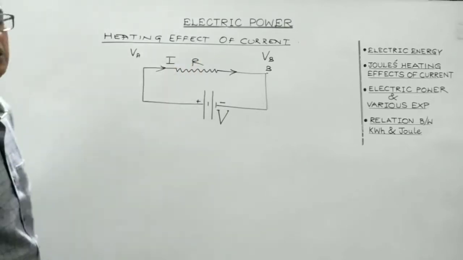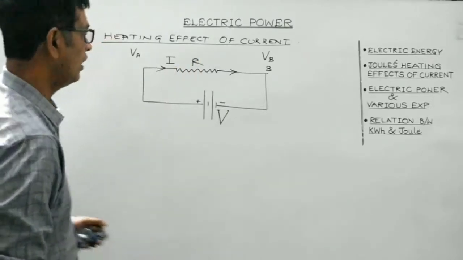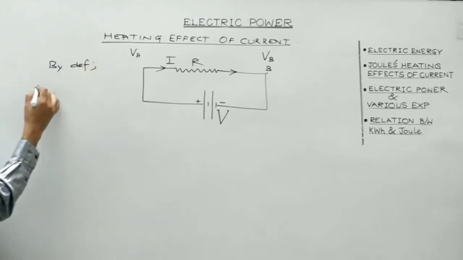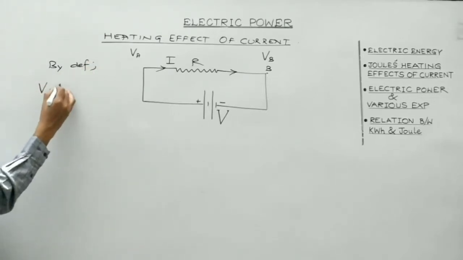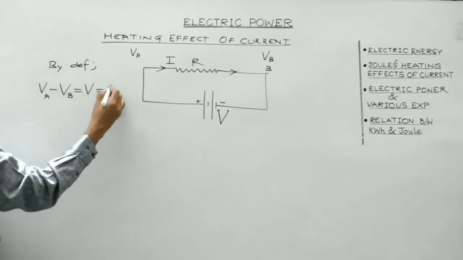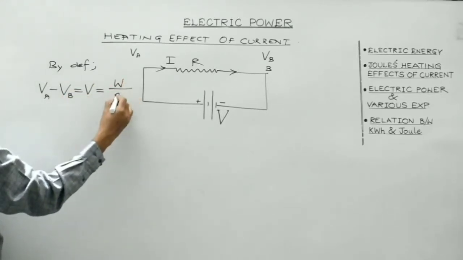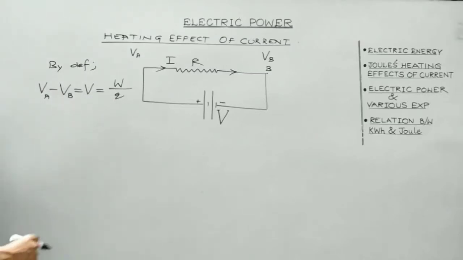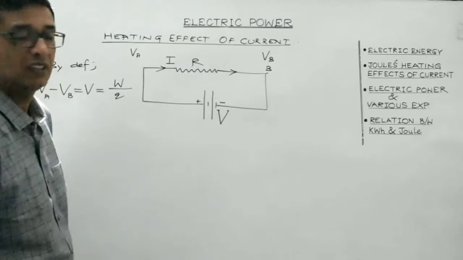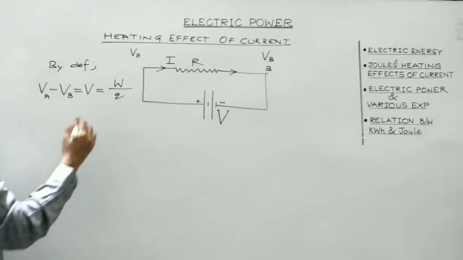V_A is considered to be greater than V_B. Now as per definition, the potential difference between the two points, A being greater than B, so V_A minus V_B, which is considered to be V, is the work done per unit charge in moving the charge from one terminal to the other terminal so as to complete the loop. Isn't it? This we are already aware of.